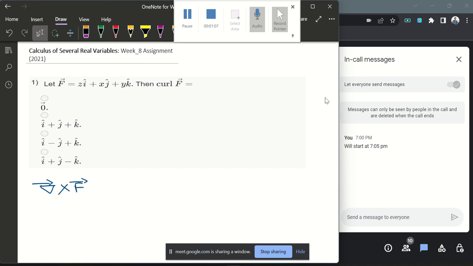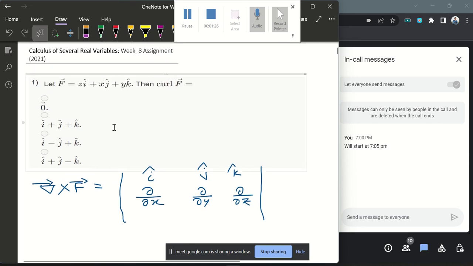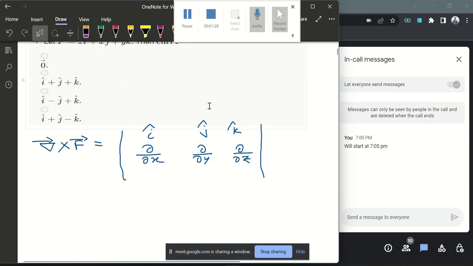Curl of f is just given by the determinant of i, j, k; del x, del y, del z; and the x, y, z components of the field. So z, x and y.